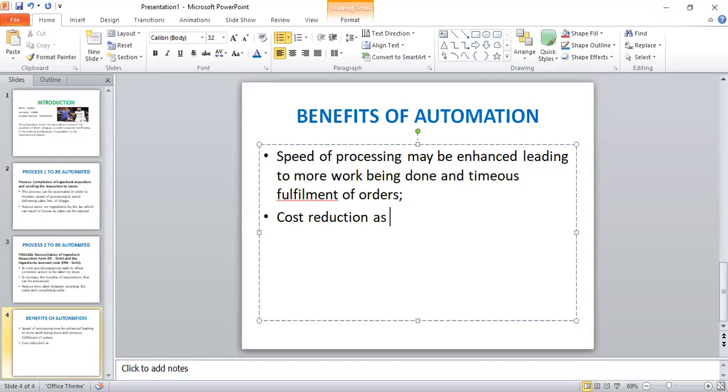Sorry, I just want to check how many they say here. Cost reduction as the number of cakes given for free will reduce.